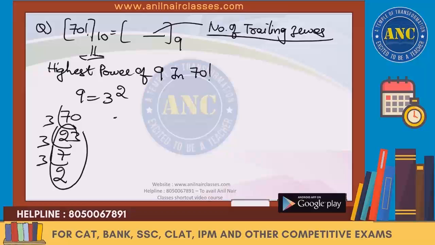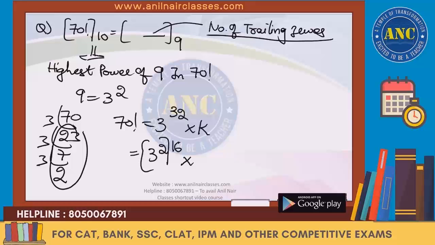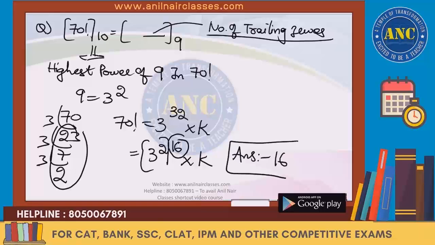So 70 factorial is given by 23 plus 7 is 30, 30 plus 2 is 32, 3 power 32 into some other prime bases. So it is 3 square power 16 into some other prime bases. The number of trailing zeros is nothing but 16.